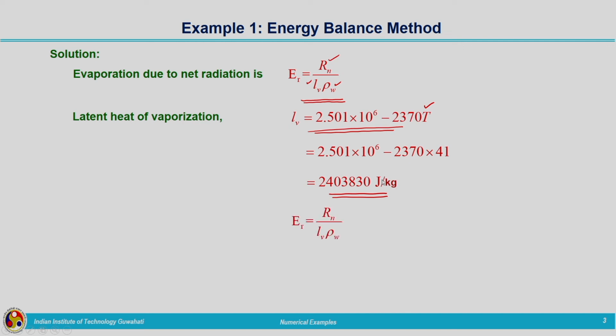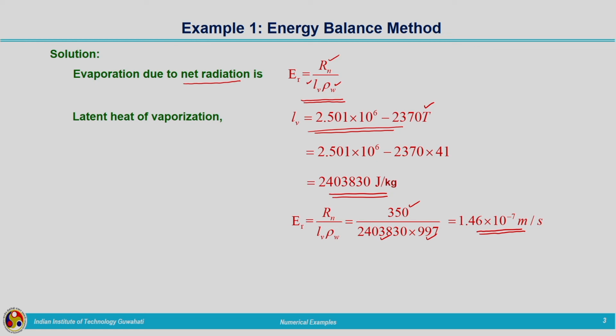Now, we will substitute that value in the equation corresponding to evaporation due to net radiation. Rn is given as 350, LV we have calculated, and we already know the density of water. After substituting this, we can calculate it as 1.46 into 10 to the power of minus 7 meters per second. Usually, we won't represent the rate of evaporation in meters per second.